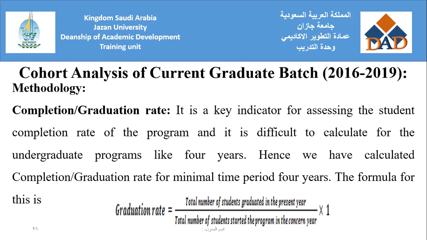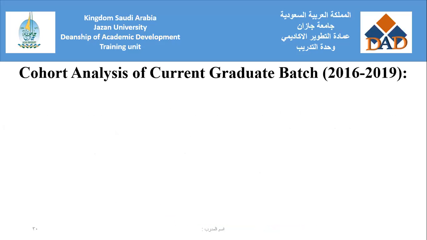Hence, we have calculated the graduation rate for the minimal time of 4 years. The formula is graduation rate equals total number of students graduated in the present year divided by total number of students who started the program in the concerned year, like 2016, how many students joined, and 2019, how many completed, times 100.